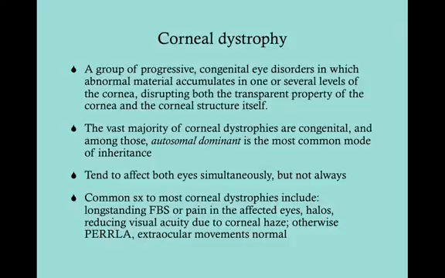Okay, so corneal dystrophies. I don't want you to memorize all of these by any means, because you don't have to memorize these, you don't have to memorize the treatment, you just need to know when to suspect corneal dystrophy, because these are going to be treated by an ophthalmologist.